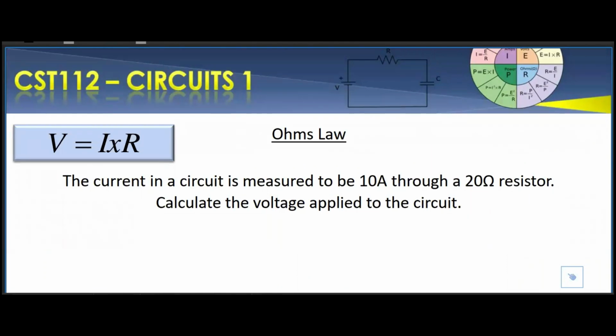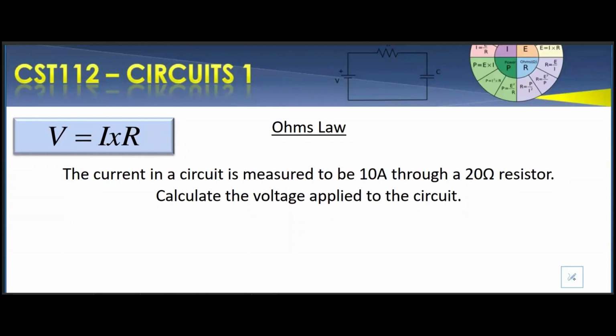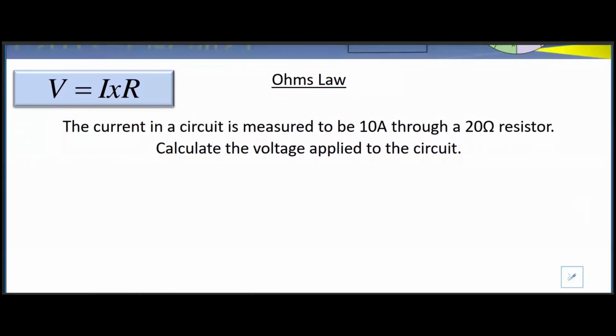All right, so this next one states the current in a circuit is measured to be 10 amps through a 20 ohm resistor. Calculate the voltage applied to the circuit. So again, like we did before, we want to write down what we're trying to find.